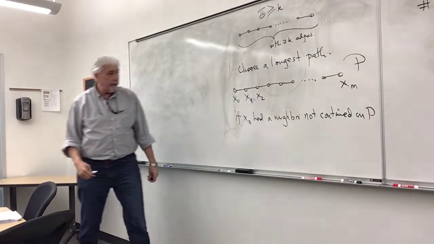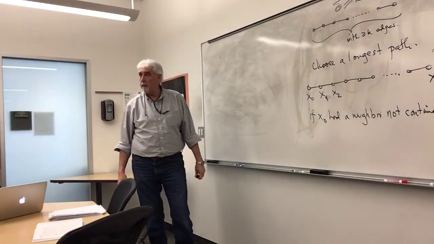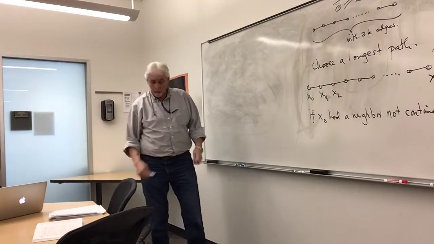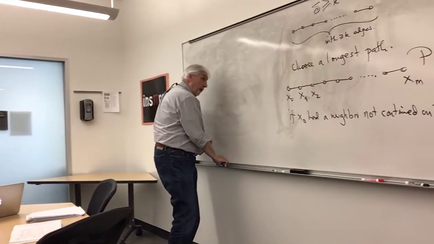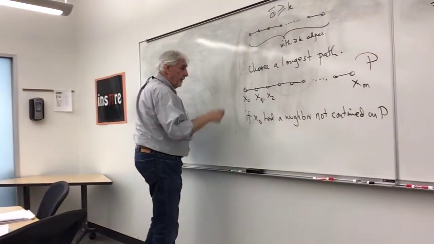And if x0 had a neighbor not contained on P, let me draw a picture. So I have a neighbor of x0 not on P.